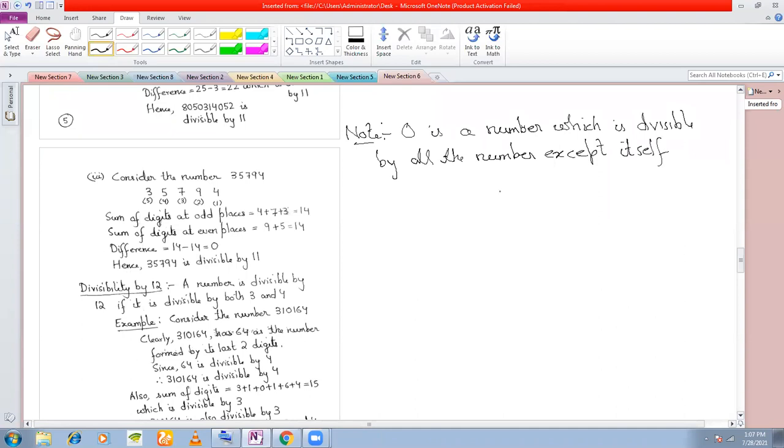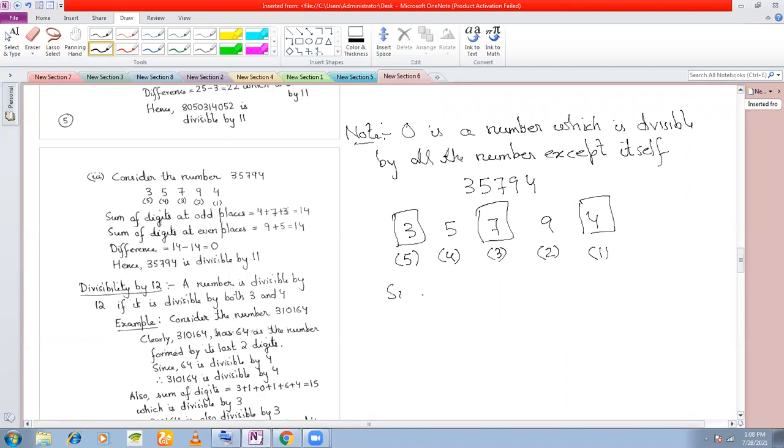Okay, let's now do the divisibility test for another number. Let's check whether this number is divisible by 11. 35794. Label the positions. Okay, so these are the odd positions.